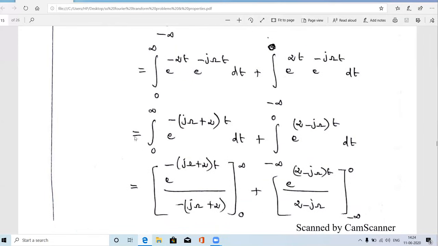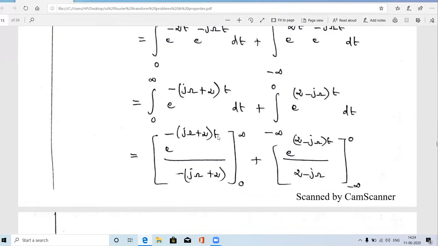Then you integrate this term. Integrating this one gives e^(-(jω+2)t) divided by -(jω+2) with the limit 0 to infinity. Similarly, this one gives e^((2-jω)t) divided by (2 - jω).